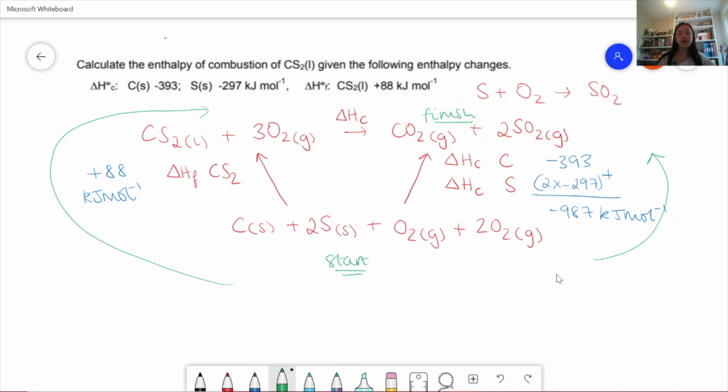And so we can work out this enthalpy change of combustion. So then we have minus 987 equals 88 plus the delta H of combustion. So then we rearrange to find the delta H of combustion, and that equals minus 1075 kilojoules per mole.